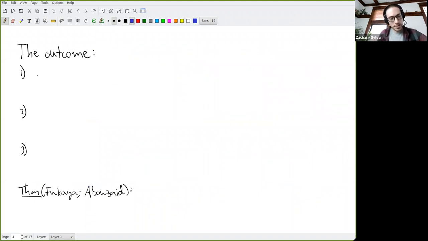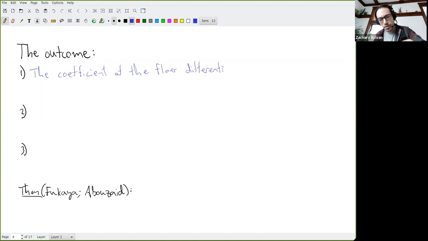The first thing is the coefficient of the Floer differential. So let's write that.